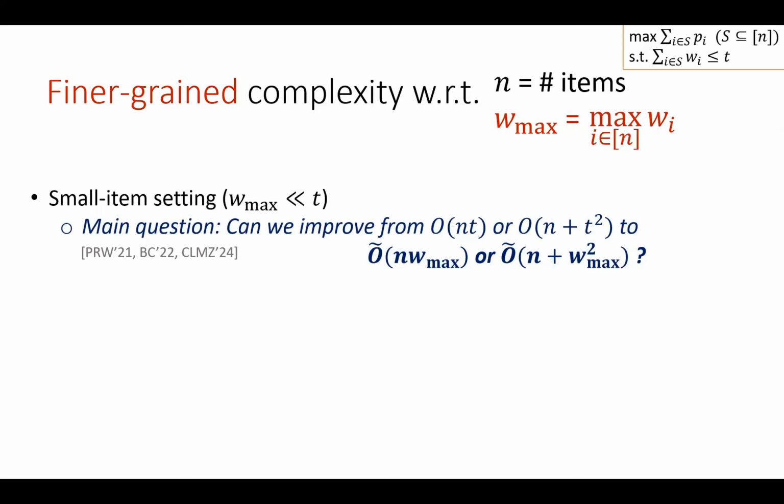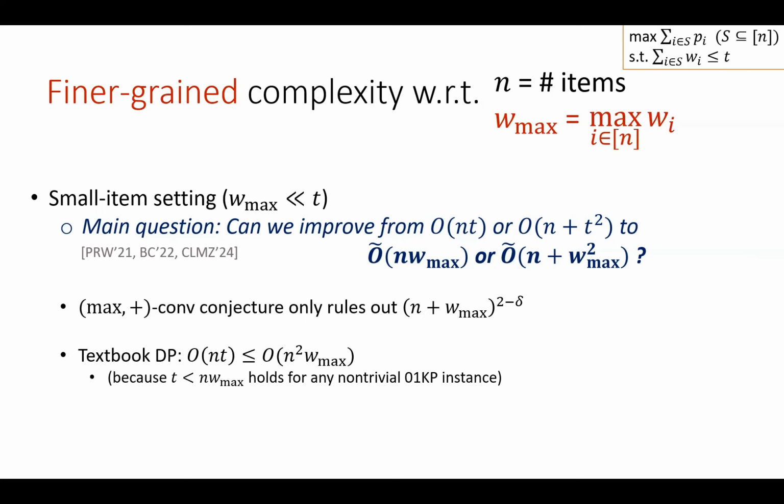And the main question along this direction is whether we can improve the n times t and n plus t squared algorithm from the previous slide to run in roughly n times Wmax or n plus Wmax squared. And such improvements actually will not violate any known fine-grained conjecture, because in the proof of these conditional lower bounds, the hard instances actually have Wmax roughly equal to a constant times capacity.